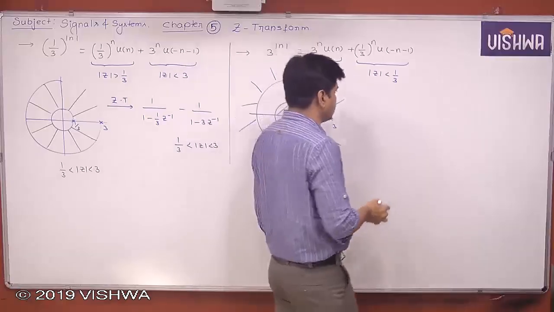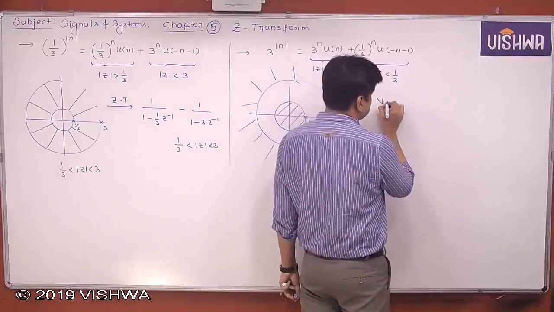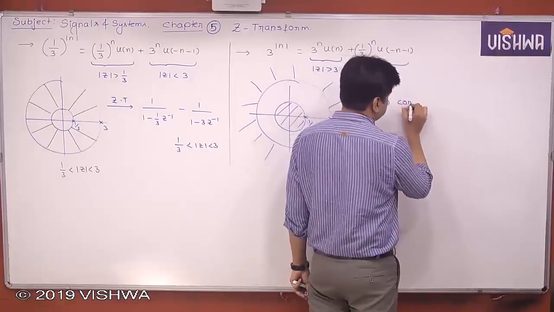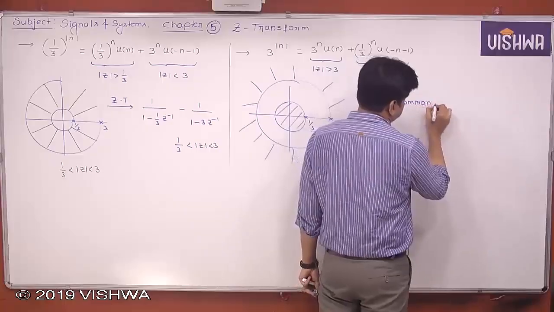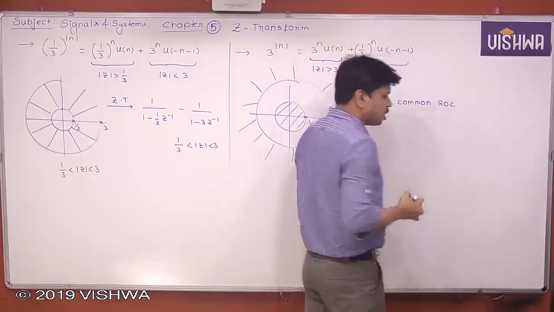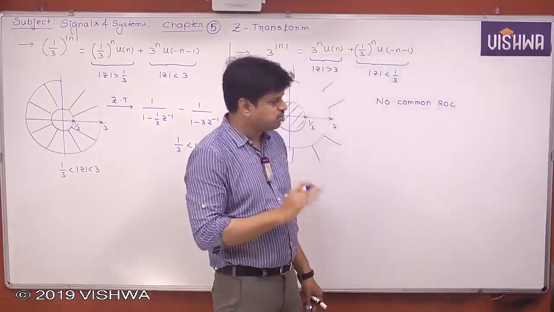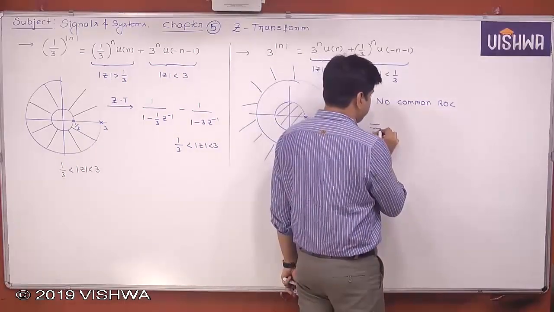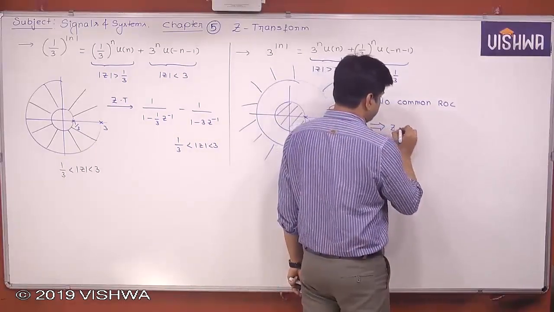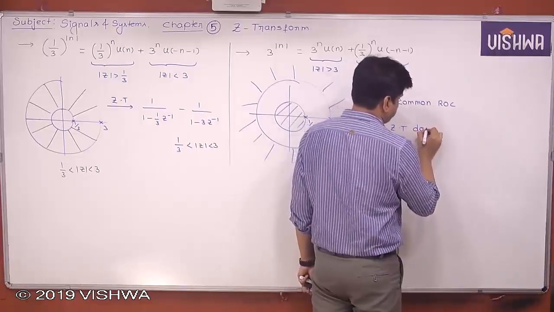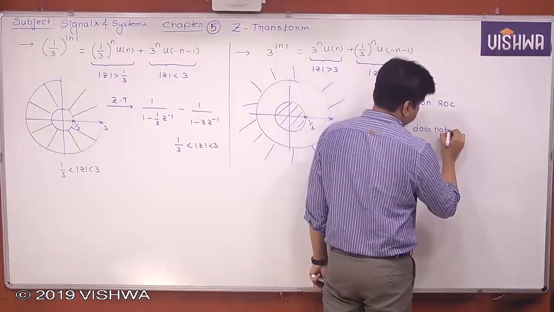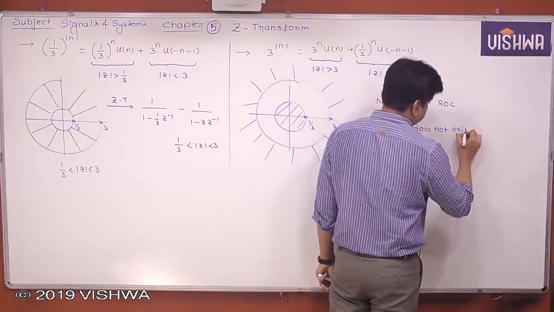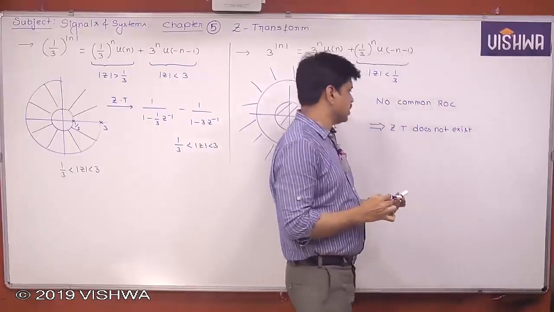No, we don't have any common ROC. If there is no common ROC, we don't have any Z transform. Z transform does not exist.